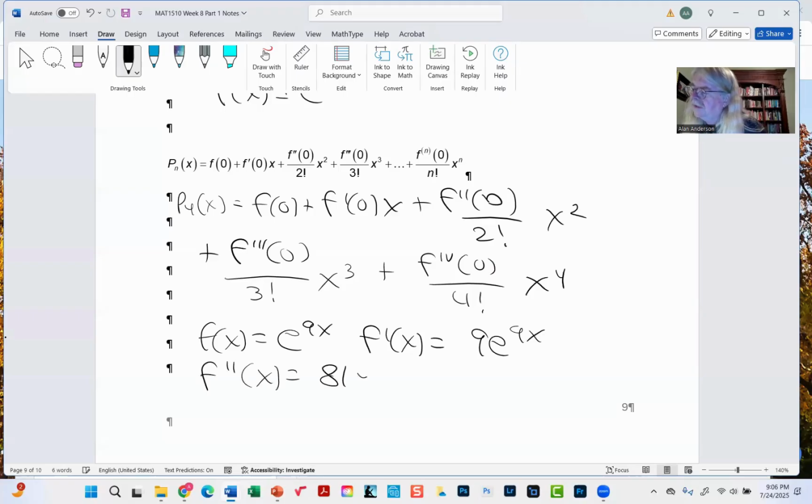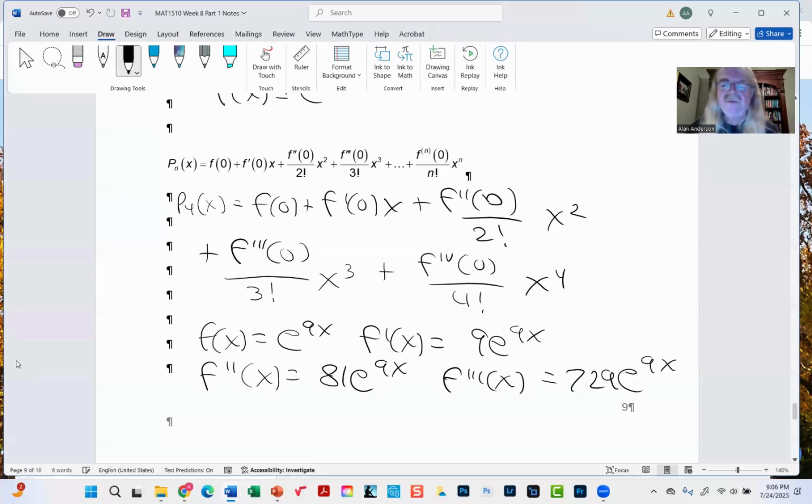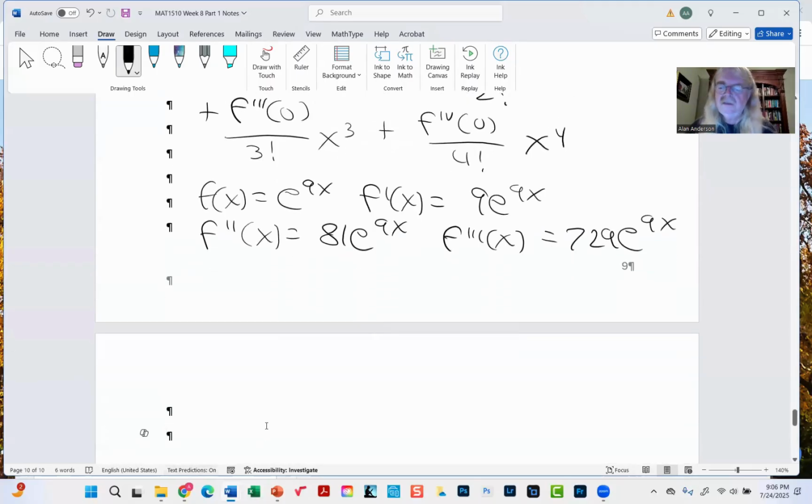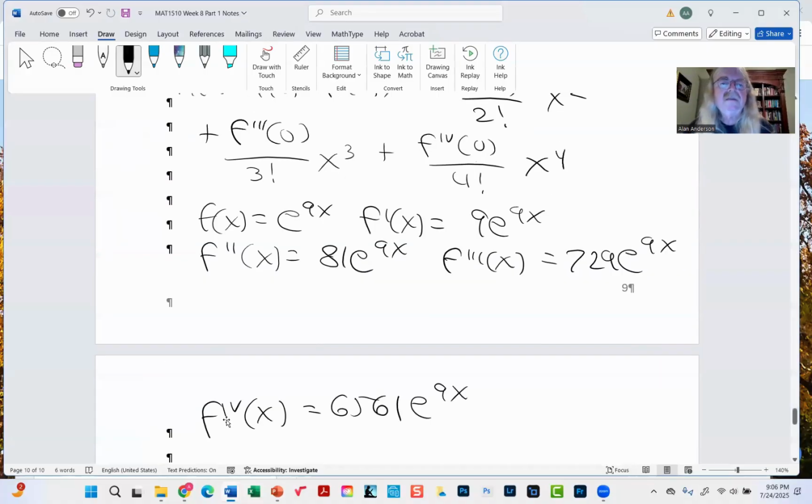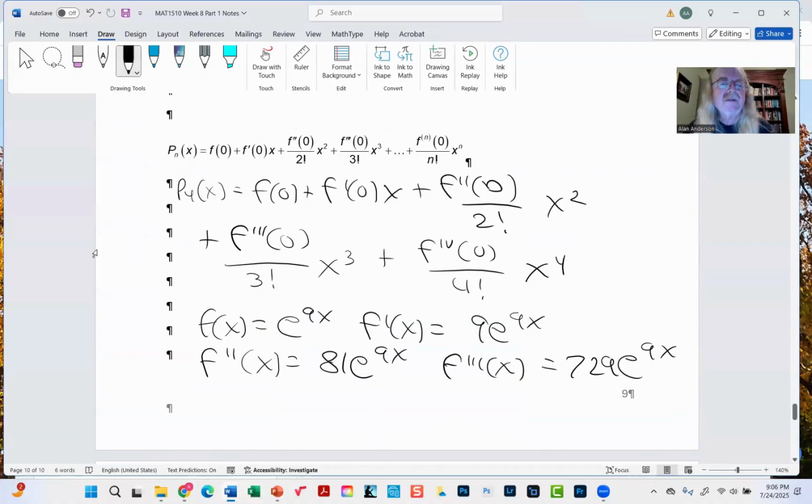This is 81e to the 9x. And then the fourth derivative is whatever 9 times 729 is. Uh, 6561. So we need, let's copy that down here.